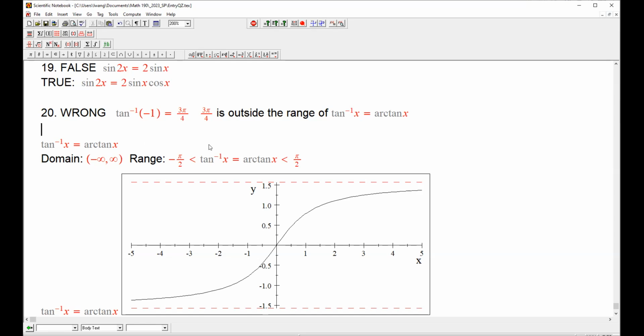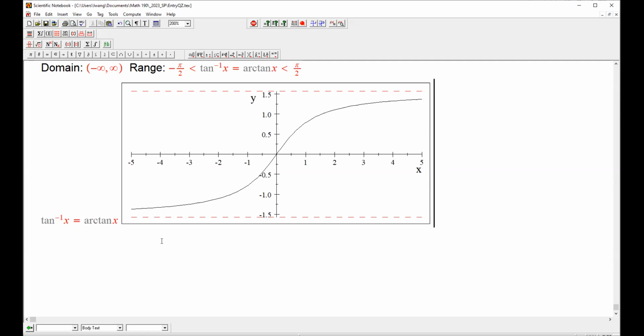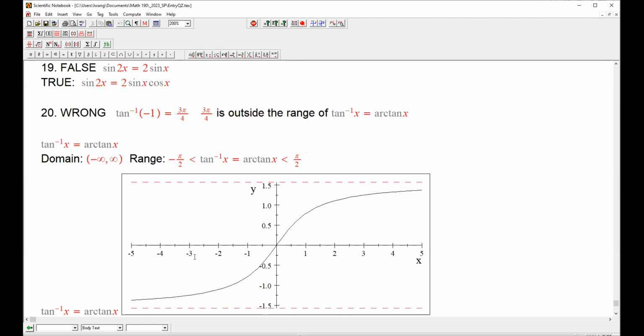Okay, so I'm going to try to not make this lesson too long. So if you have that doubt, if you have a question, say, but tangent 3 pi over 4 equals -1. Why couldn't I just make this?